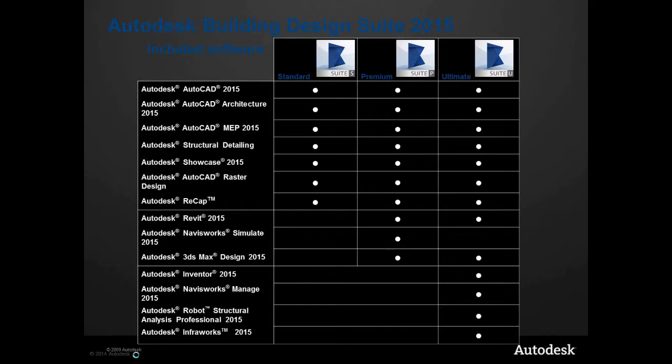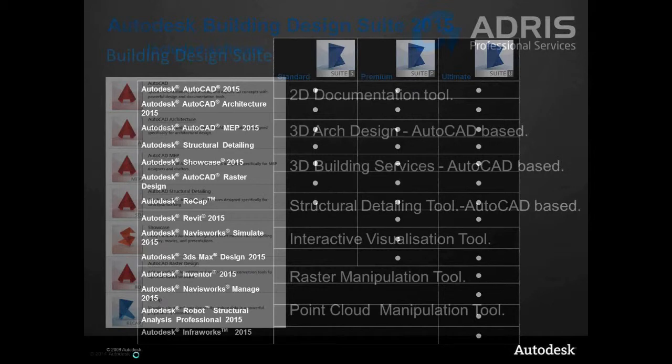So let me just quickly run through what's included within each product so that you have an understanding. 2D is AutoCAD, the 2D documentation. Of course, everybody knows what AutoCAD is. AutoCAD Architecture is based upon AutoCAD, but it's 3D architectural design software. It's non-parametric as opposed to Revit.